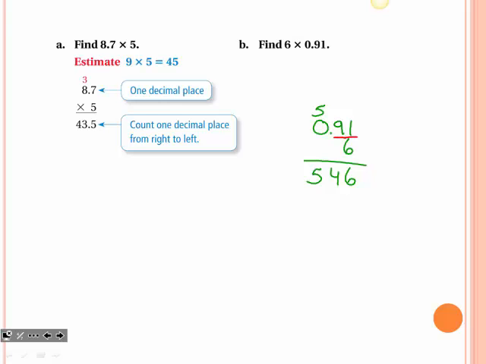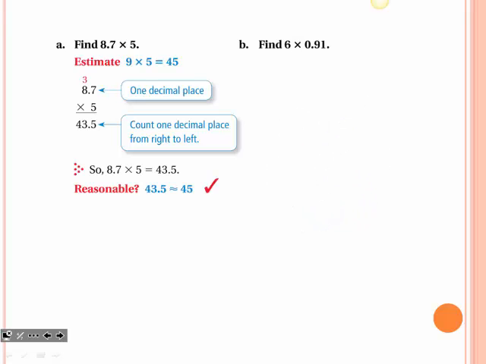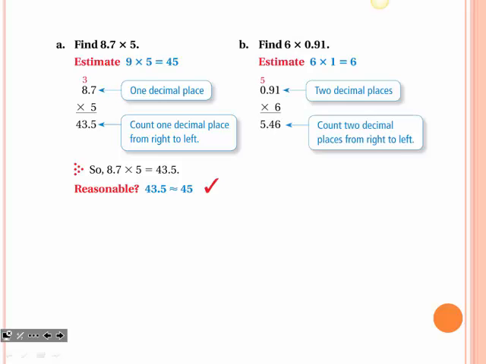I have 2 decimal places. So that means I'm going to move my decimal place from where it is here over twice. 1, 2. That makes my final answer 5.46. And that's my decimal. So if you notice, that's exactly what they do here when they multiply and get 5.46 right here.